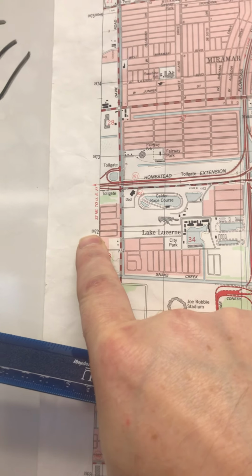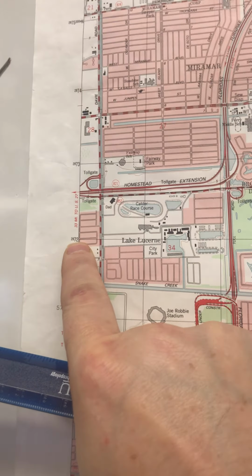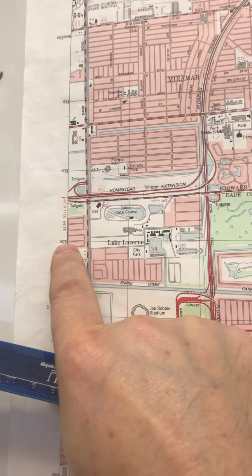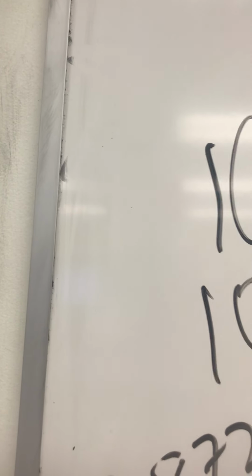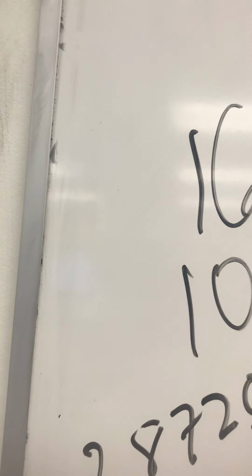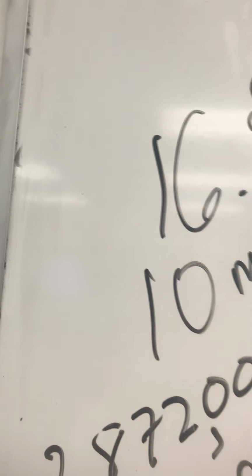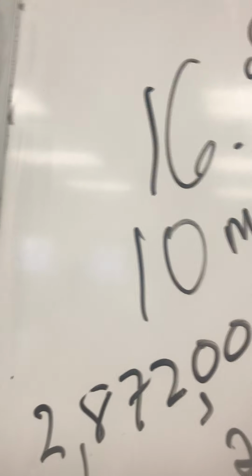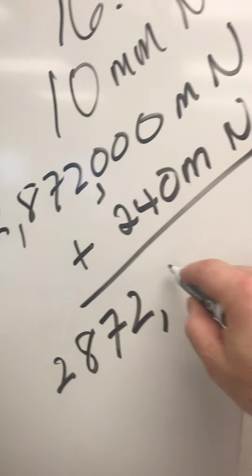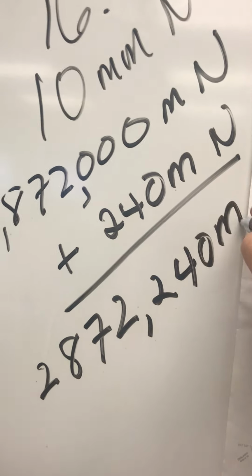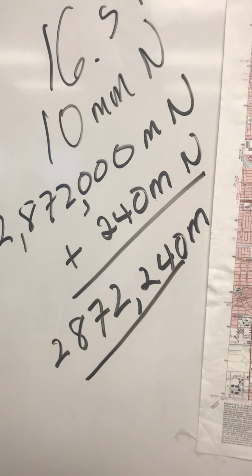We follow that out to the edge of the map, and it tells us that was 2,872,000 meters north, plus 240 meters north from the line to the building, and we get a total of 2,872,240 meters. And that's our north coordinate. Okay?